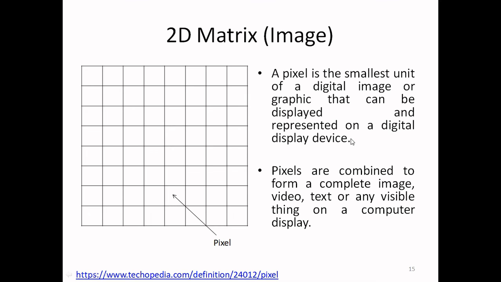If you notice, on a screen where a certain picture is appearing, and you try to zoom in on that picture, just zoom in, zoom in, zoom in. In the end, you will see that the picture comprises small squares, like this, as you can see on the left hand side.